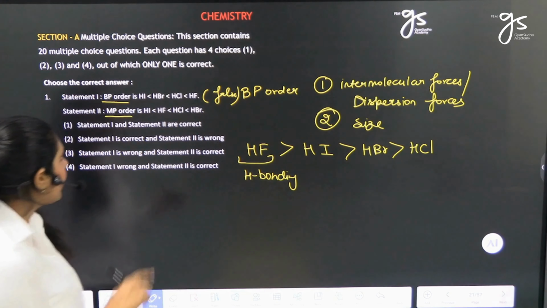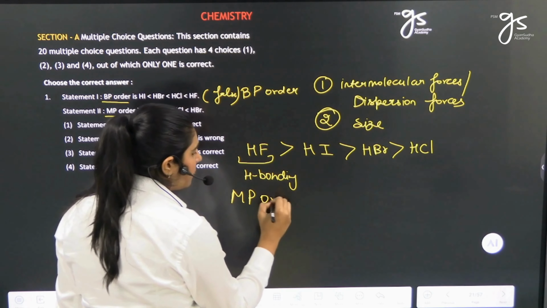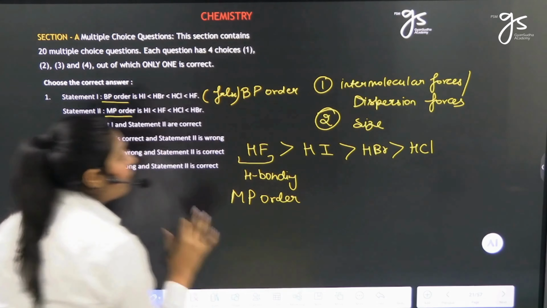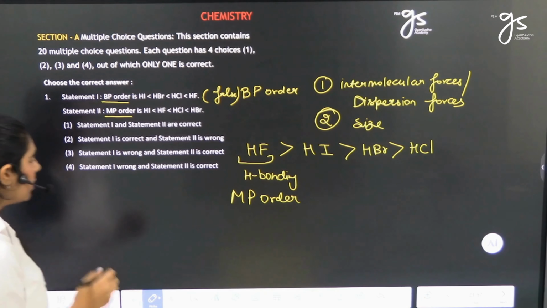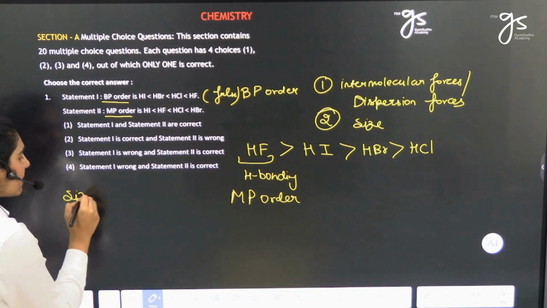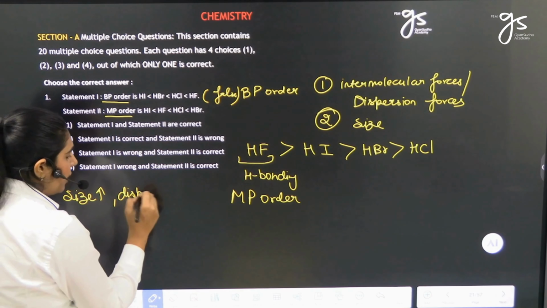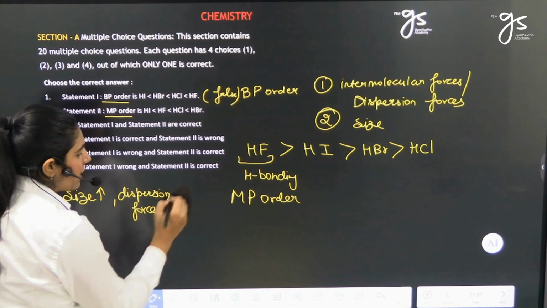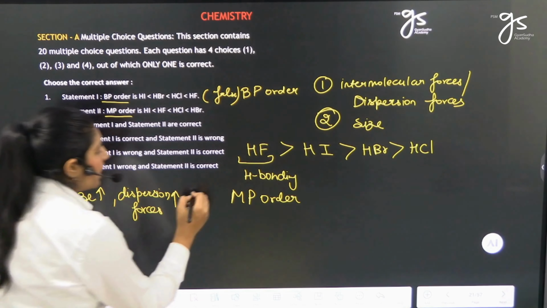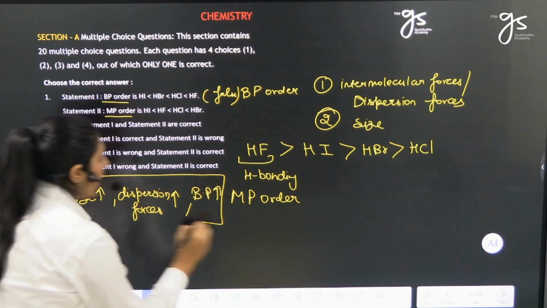Now moving to the second statement, which is about the melting point order. When seeing the boiling point and melting point order, as the size increases, the dispersion forces increase, due to which the boiling point also increases. We have to keep this in mind.